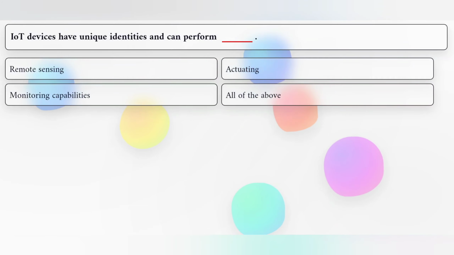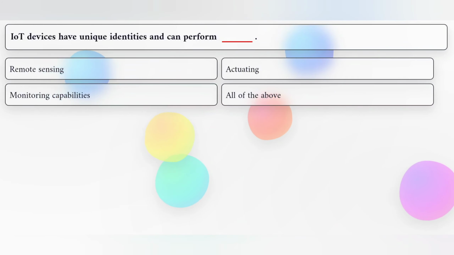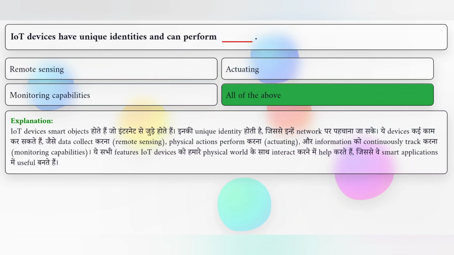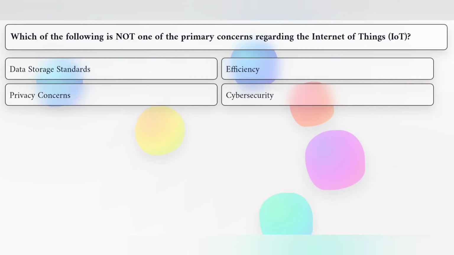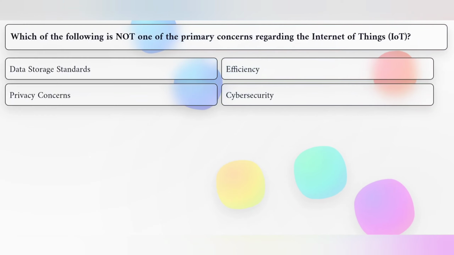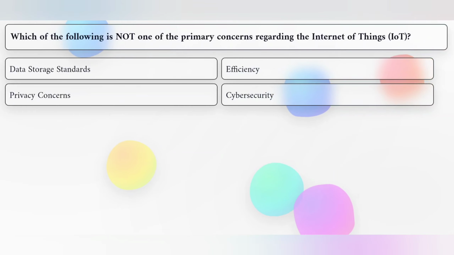IoT devices have unique identities and can perform blank remote sensing, actuating, monitoring capabilities, all of the above. Which of the following is not one of the primary concerns regarding the Internet of Things IoT? Data storage standards, efficiency, privacy concerns, cybersecurity.